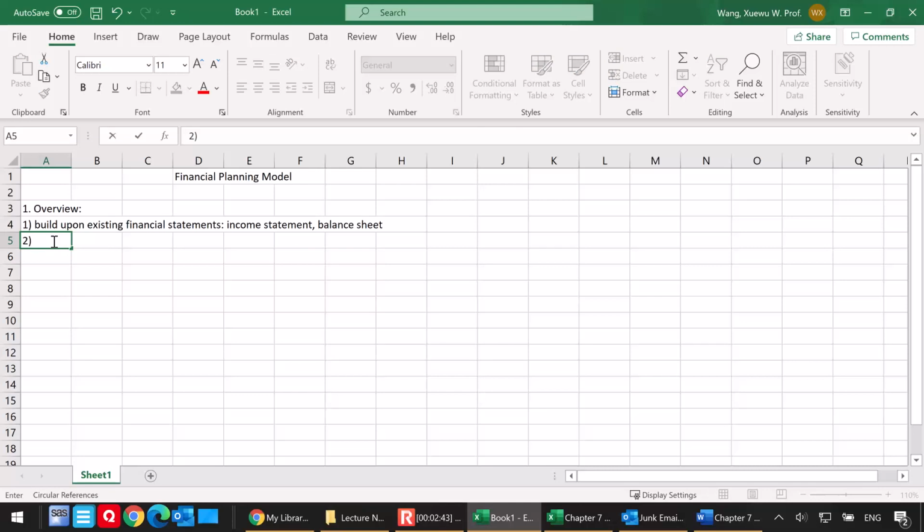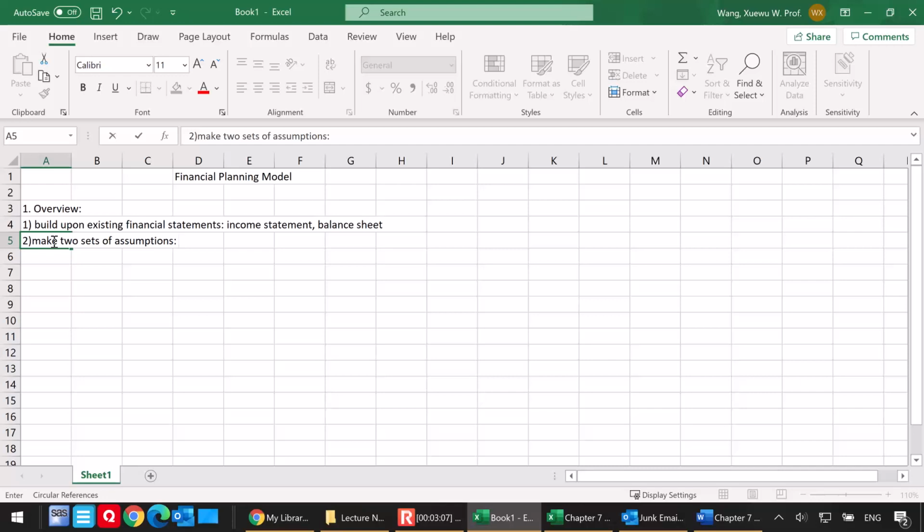Then we're going to make two sets of assumptions. In order for us to project the financial statements into the future, we have to rely on a set of assumptions.